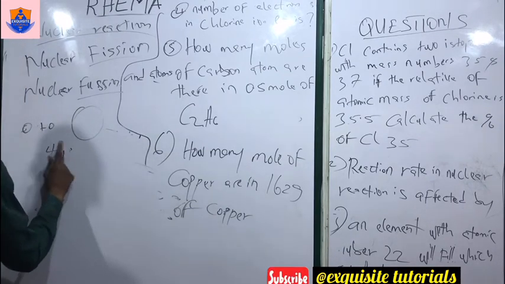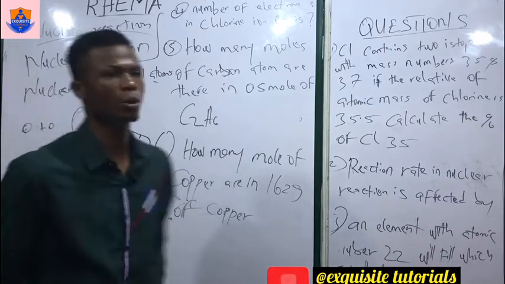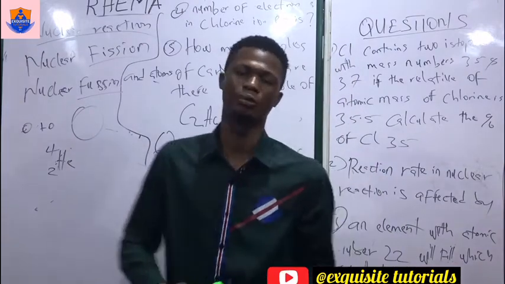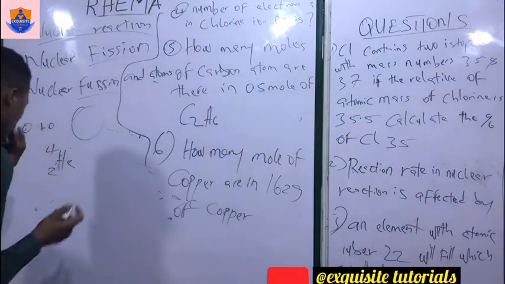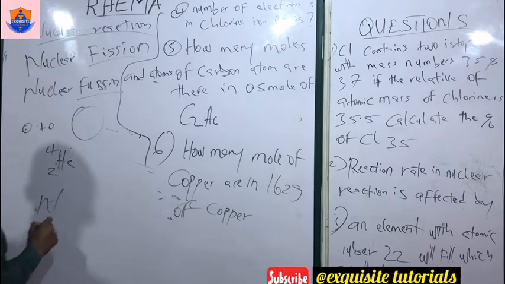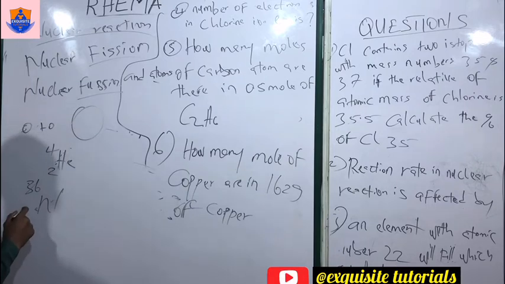So whenever you see a substance disintegrate, let's say, for example, N is a substance with mass number 36 and proton number of 10.